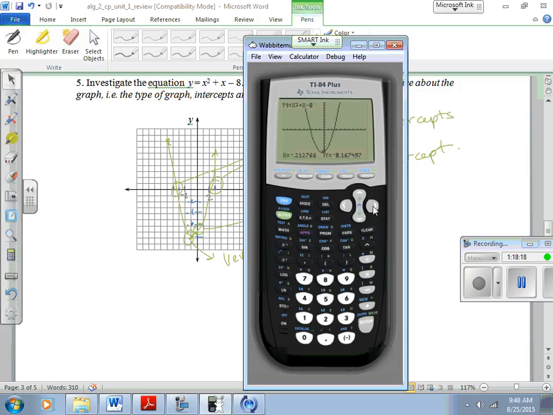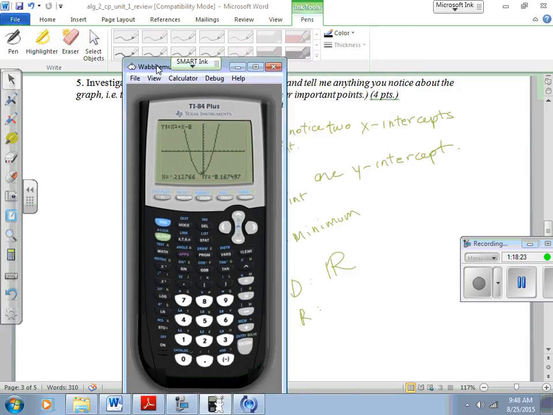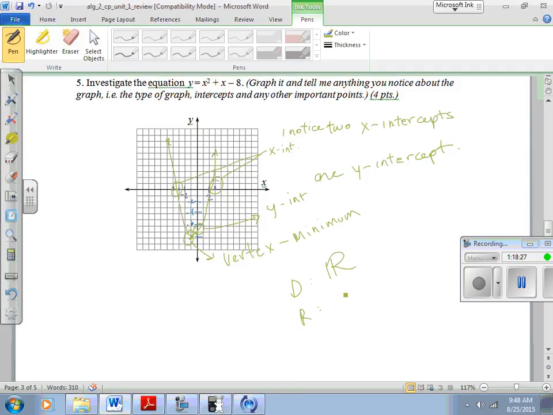So our range, if we're not going to be super specific, we could say the range is somewhere about -8.24 to positive infinity, because below -8.24 there's nothing there. Now remember, this is kind of a rough guess too, okay?